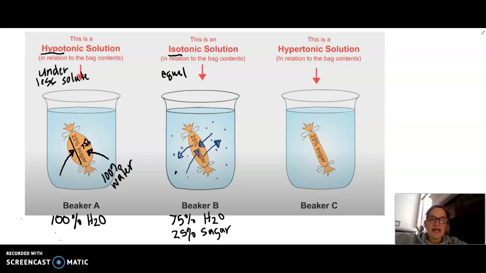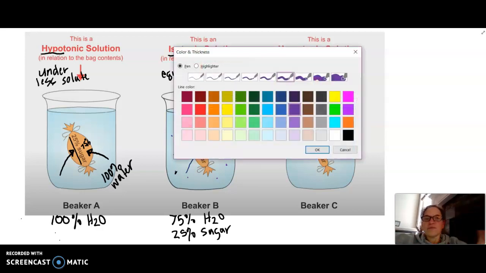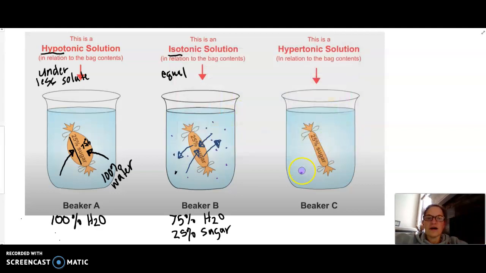All right, let's look at this last one. This last solution would be a scenario where you have lots of solute. So we're talking about it's hypertonic. So there's lots of salts or sugar.